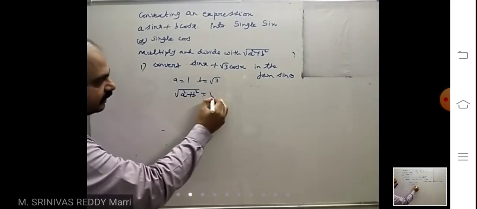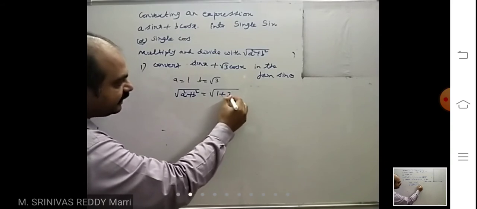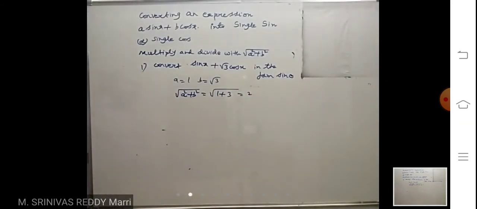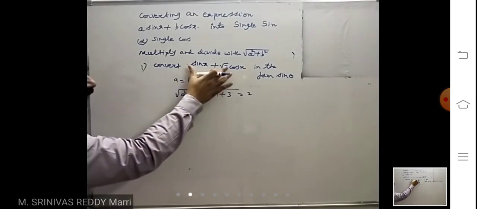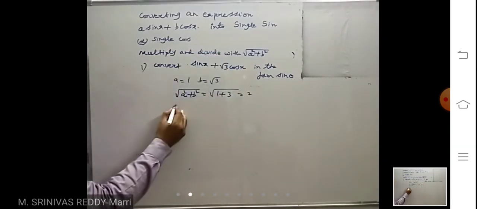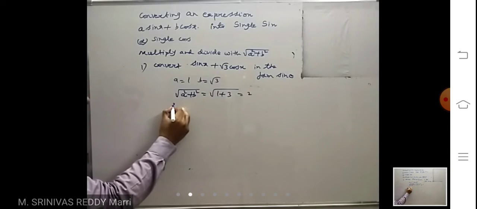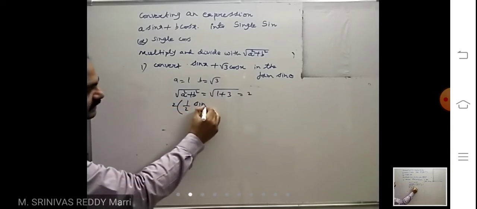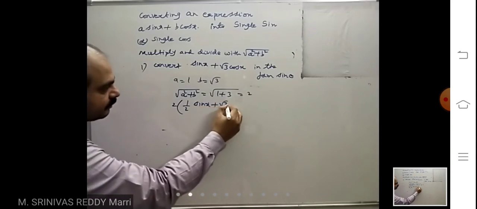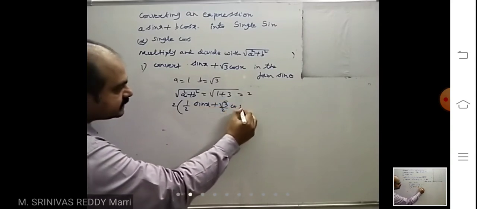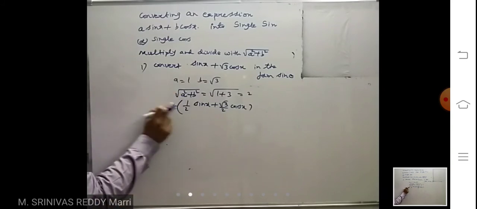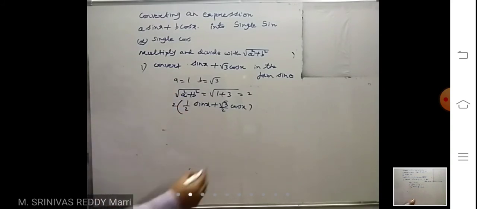Simple: 1 plus 3 that is 4, root is 2. Now this expression, multiply and divide with 2. 2 into 1 by 2 sin x plus root 3 by 2 cos x. I have multiplied and divided with root of a square plus b square.